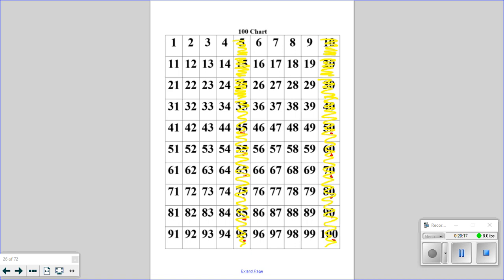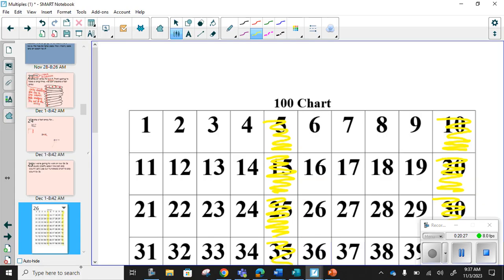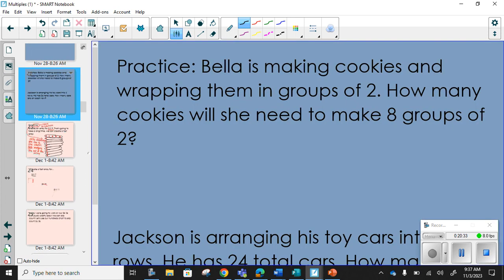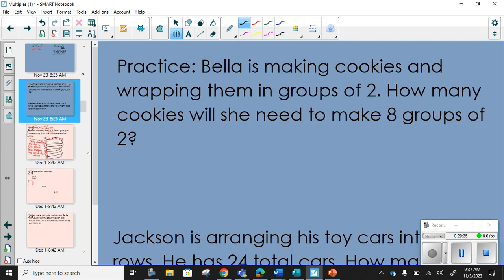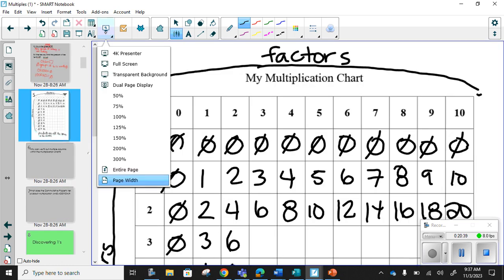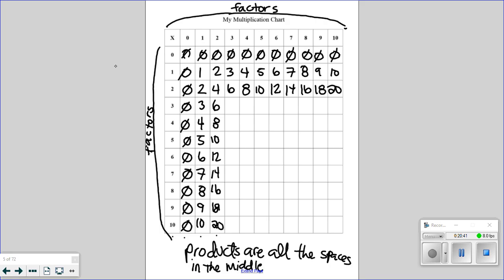Before we move on, we do need to fill in our multiplication chart. So turn to our mini multiplication chart so we can fill in the new facts that we've learned. What new facts did we just learn how to do?